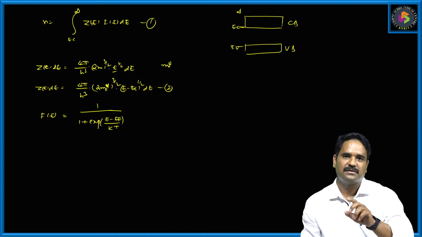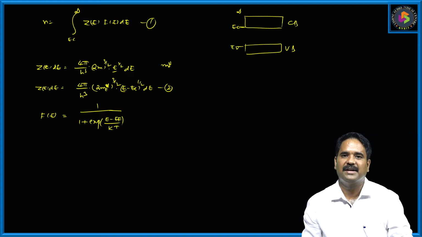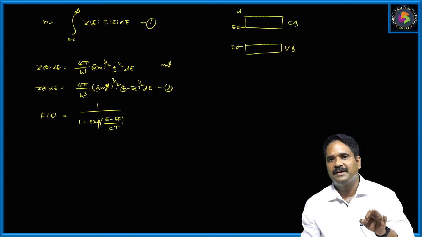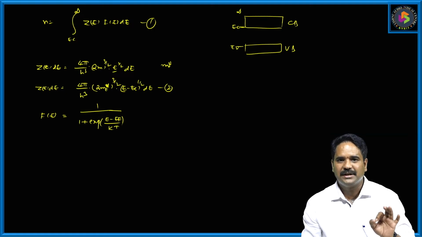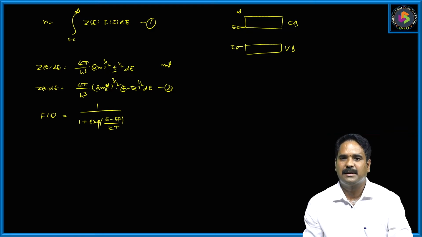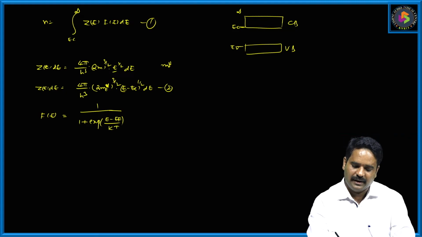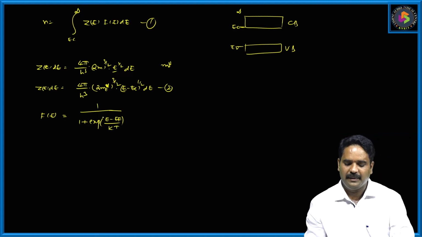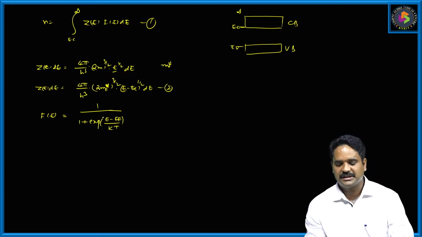If f of E is equals to 1, there is a 100% probability of electrons occupation. If f of E is equals to 0, there is 0% probability for electrons occupation. If f of E is equals to 1 by 2, there is a 50% probability for electrons occupation. Here Ef is Fermi energy, k is the Boltzmann's constant.